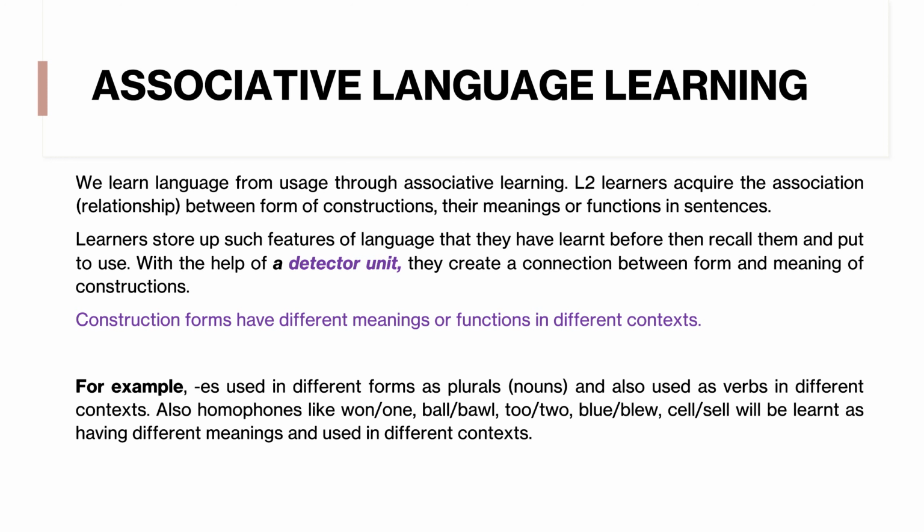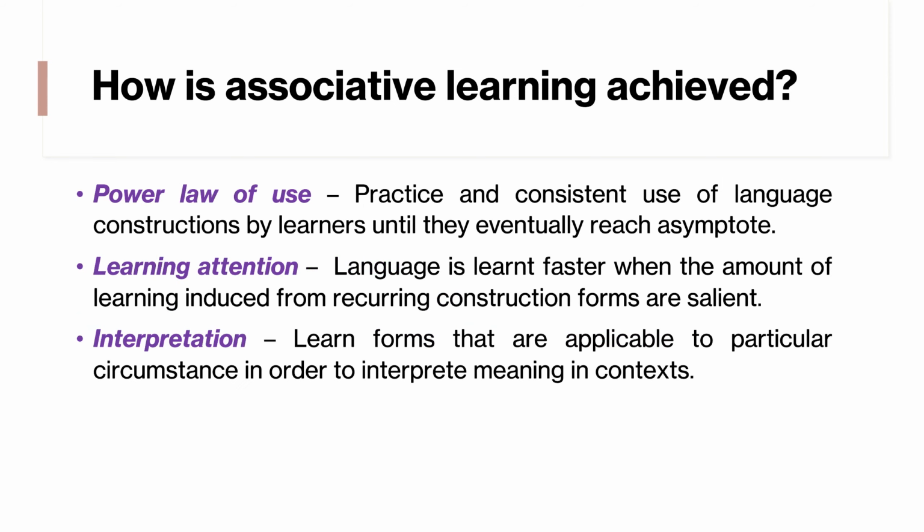We are one family, ONE. I won the game, WON. The words "one" and "won," ONE and WON, are identified and interpreted differently in the context where they are being used to give meaning and understanding to the learner.